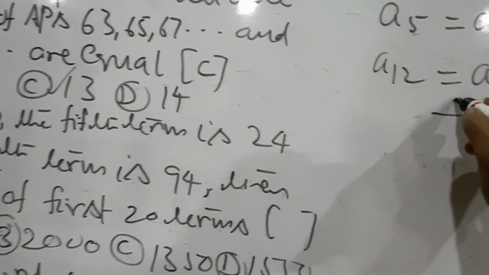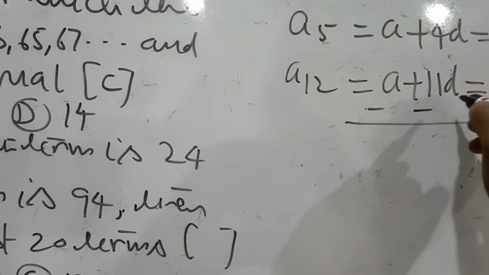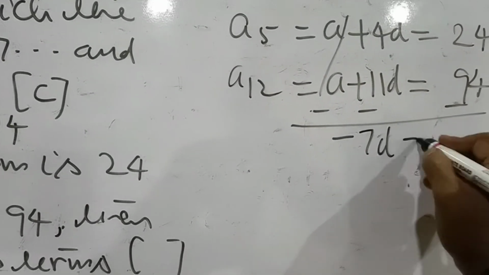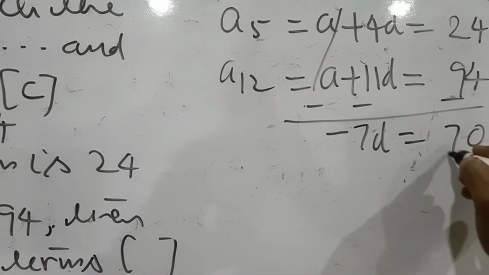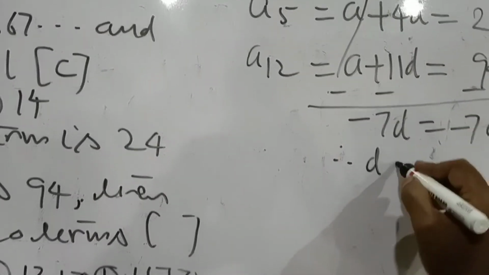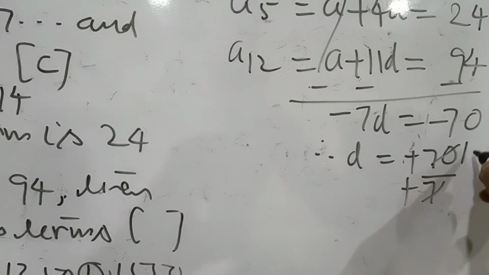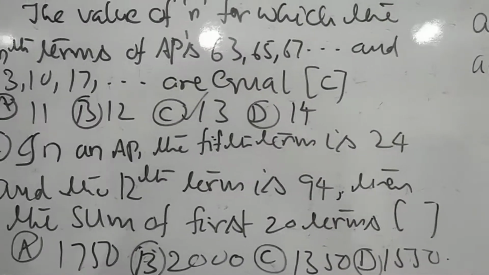On solving these two equations, a gets cancelled. Minus 70 is equal to minus 7d. Therefore, d is equal to minus 70 by minus 7, that is d is equal to 10. Therefore, the common difference is 10.